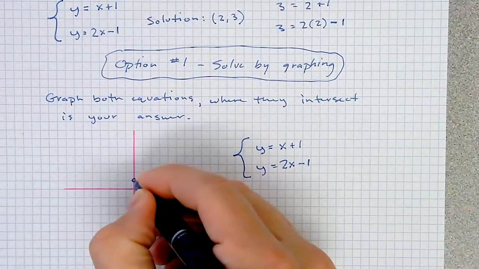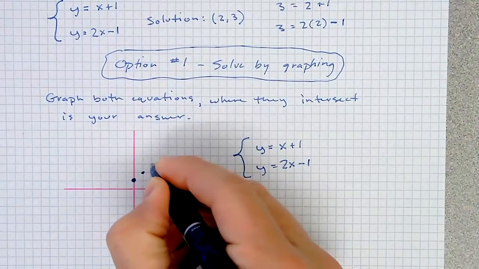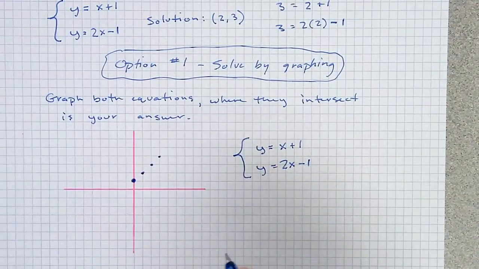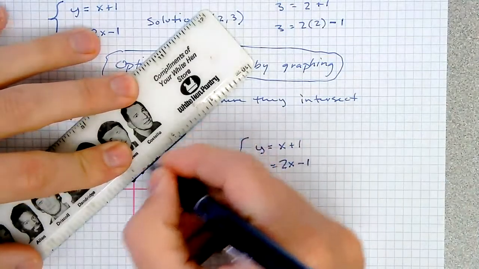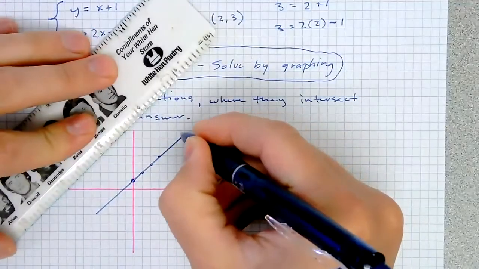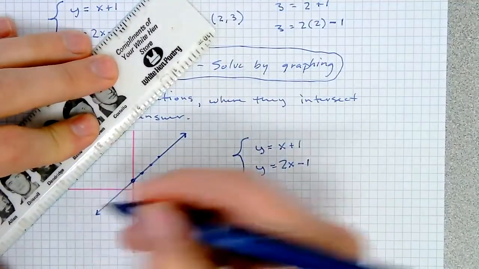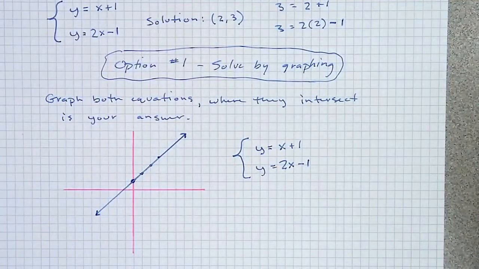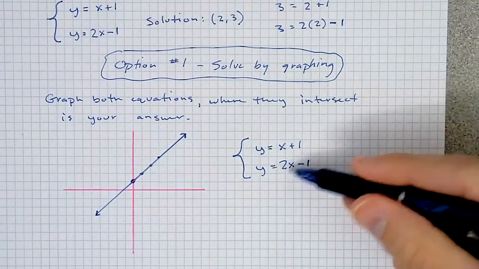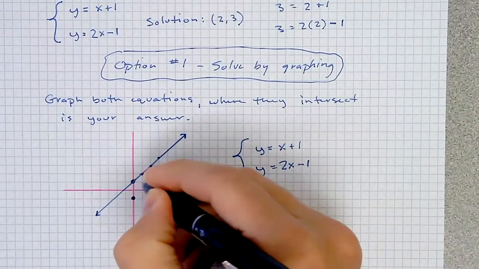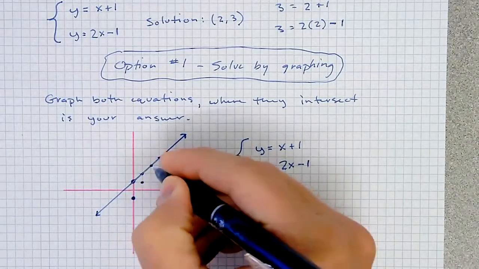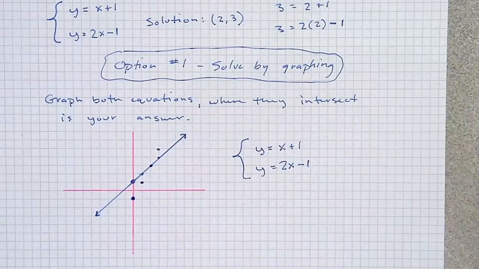We start with our y-intercept of positive 1. Have a slope of 1. So our first graph looks like that. Next one, y equals 2x minus 1. Start with our y-intercept of negative 1. And we have a slope of positive 2.